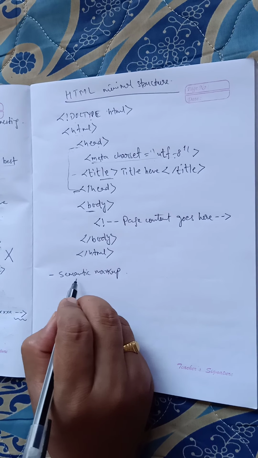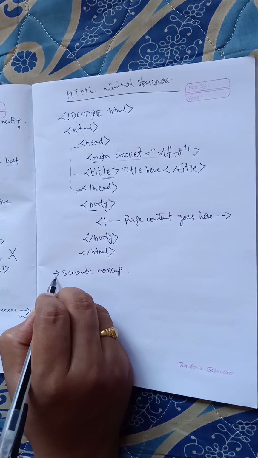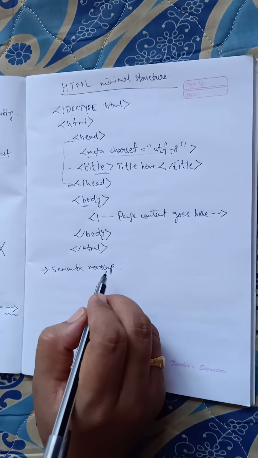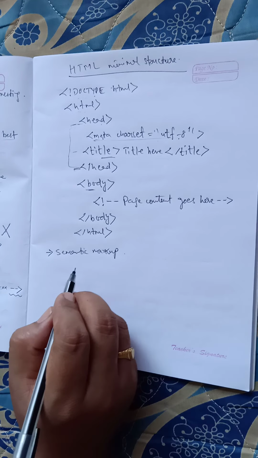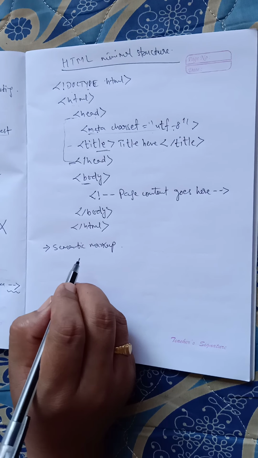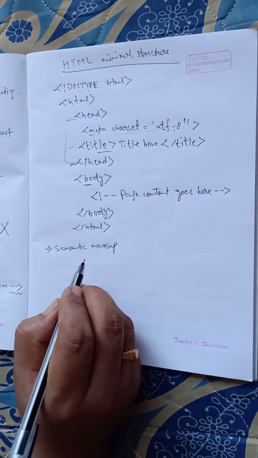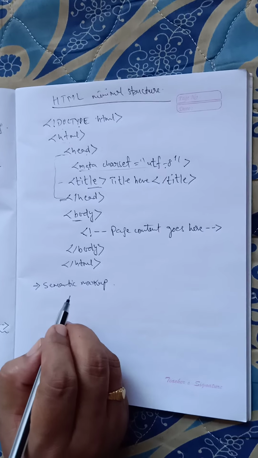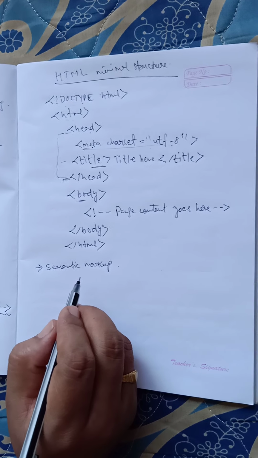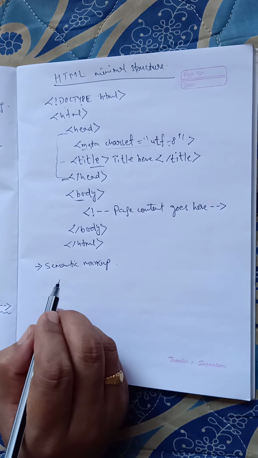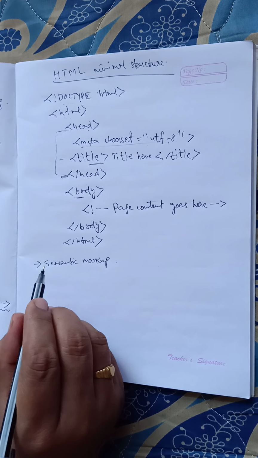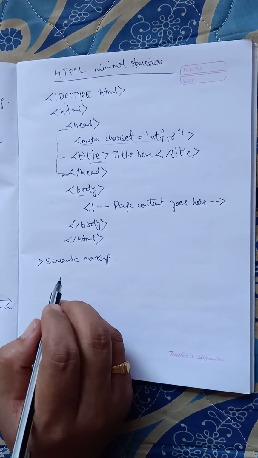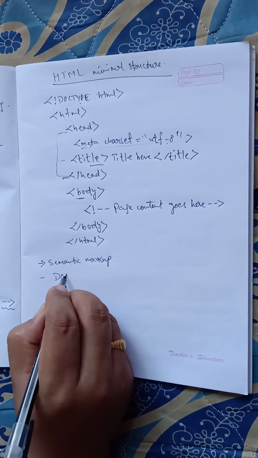So what is semantic markup? To add meaning and structure to the content. It is not intended to describe how the content should look, that is, it is not intended towards its presentation.